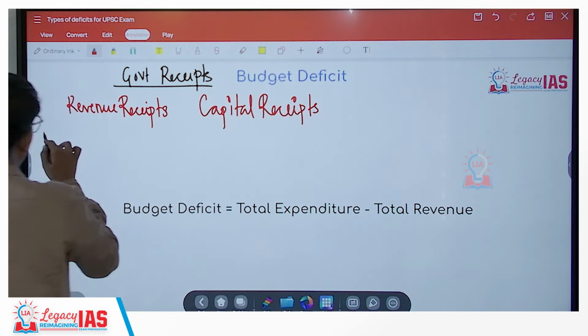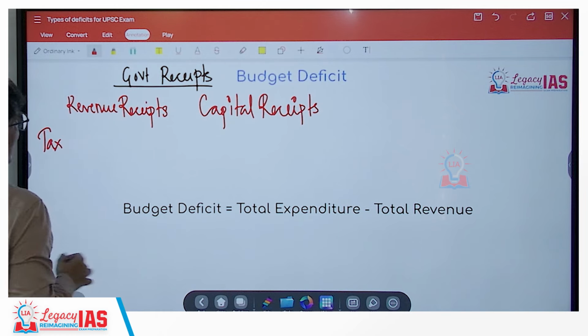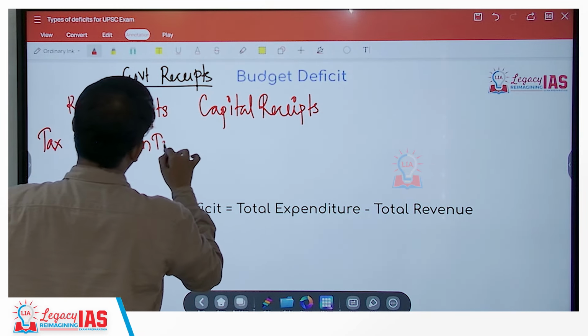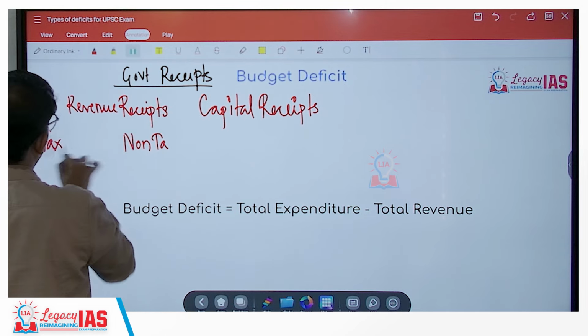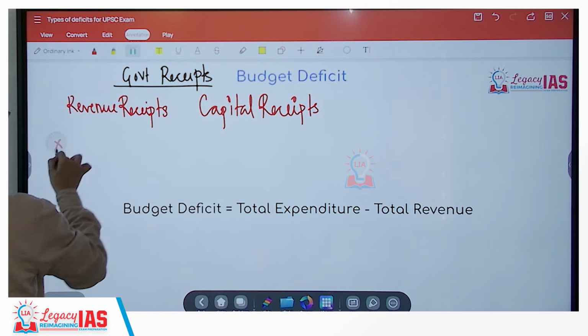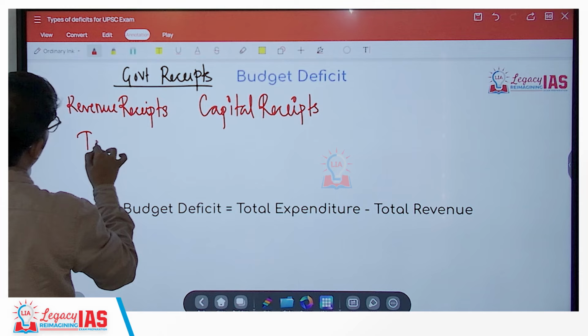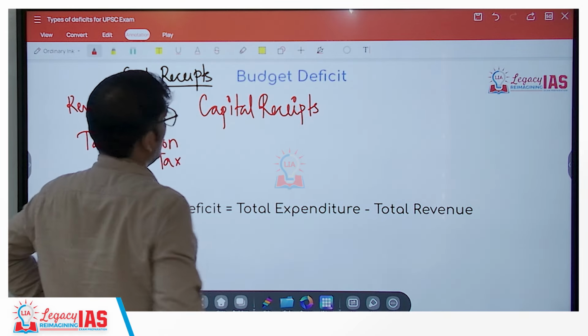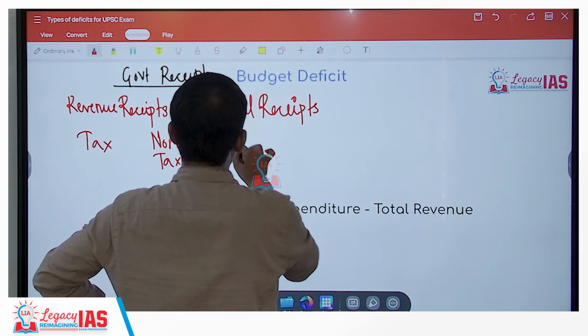Under revenue receipts, it will be tax and non-tax. Let me write it better because we have to further classify this. Under capital receipts, it will be debt creating and non-debt creating.